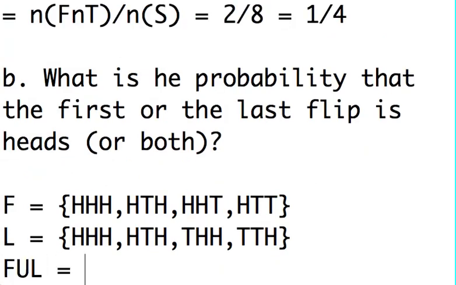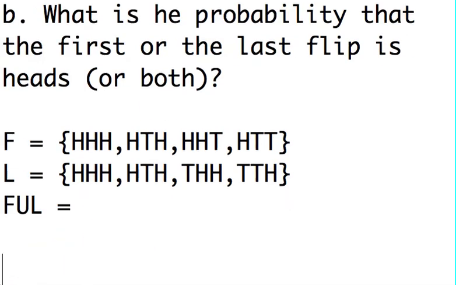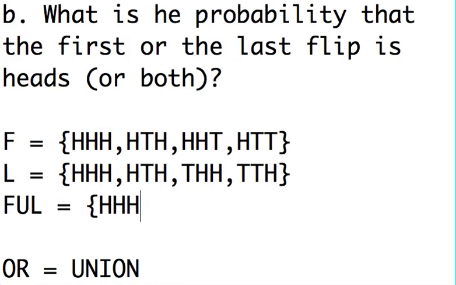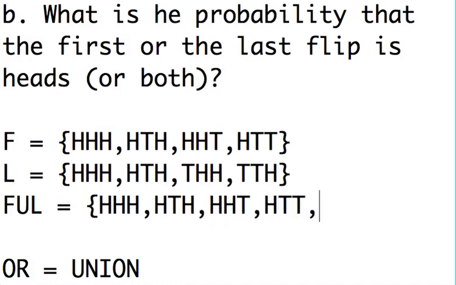Okay, now we're looking for a union here. We're looking for one or the other or both, so that's a union. So when I put them together, I have heads, heads, heads, heads, tails, heads. Those are the two that they share. First has these two guys in it, and last has these two guys in it.